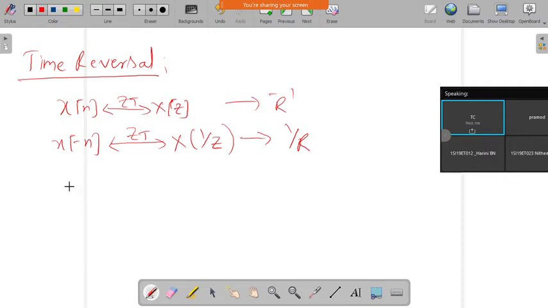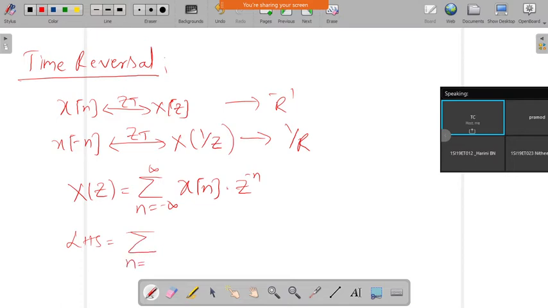So, take the expression of x of z, summation n equal to minus infinity to plus infinity, x of n into z power minus n. Now, we will take the LHS, that is inputting the signal x of minus n.